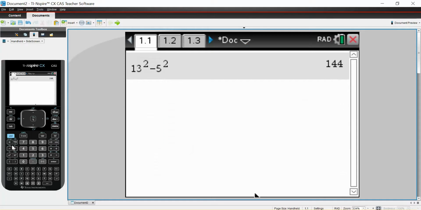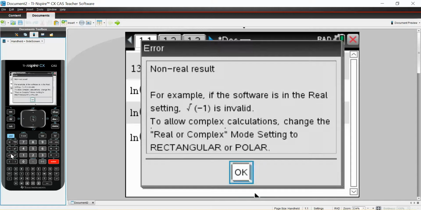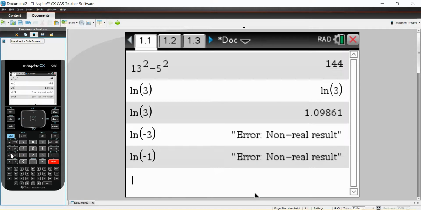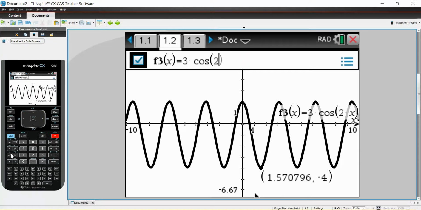If you did ln of 3, it's okay. You get an answer, right? So it's 1.09. But if you try to do ln of, let's say, negative 3, undefined, no result. If you tried negative 1, no results, okay? Because you just can't. A logarithmic graph, if you've forgotten, this is what a log graph looks like. I'm just going to draw it. ln of x.